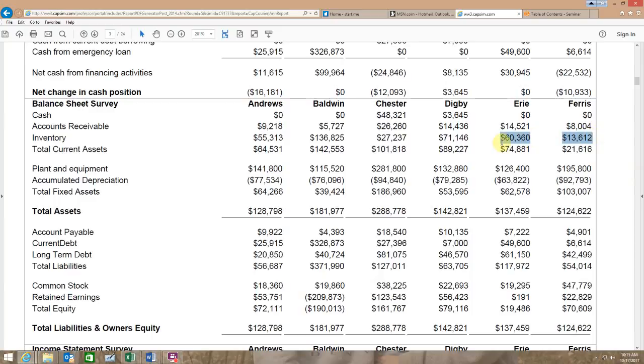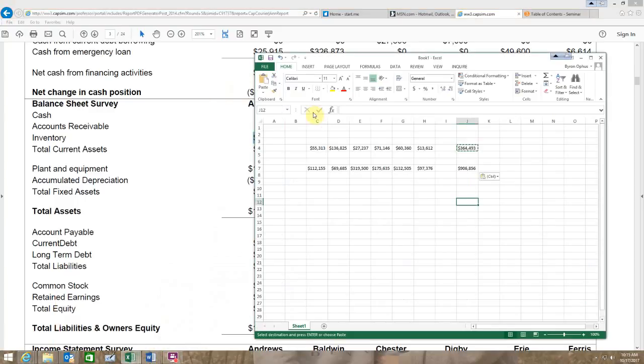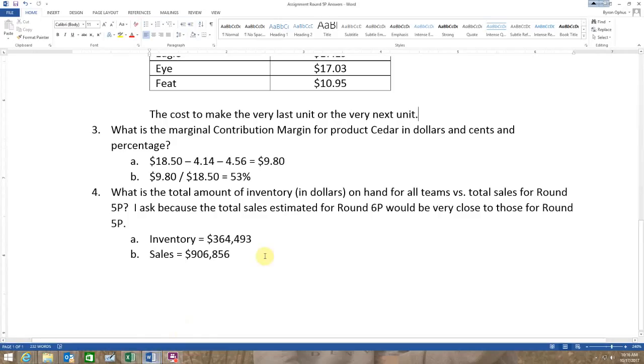I just highlighted this and copied, and then I pasted it into an Excel sheet. Boom. Let Excel do the sum of those numbers, right? And I did the same thing for sales, and so I came up with those numbers.